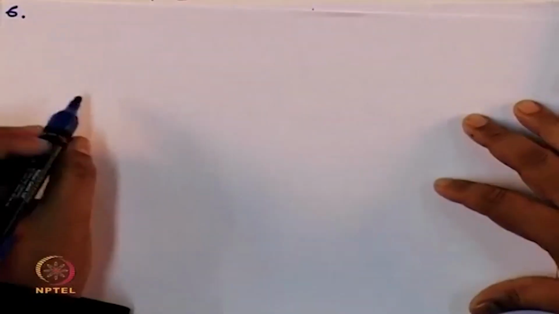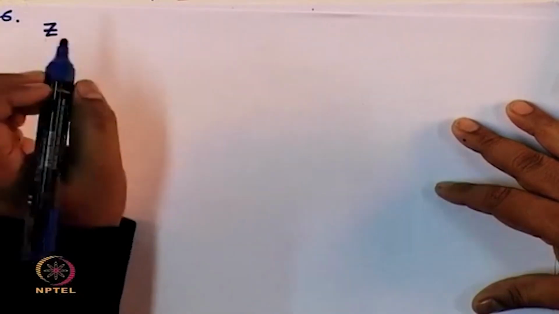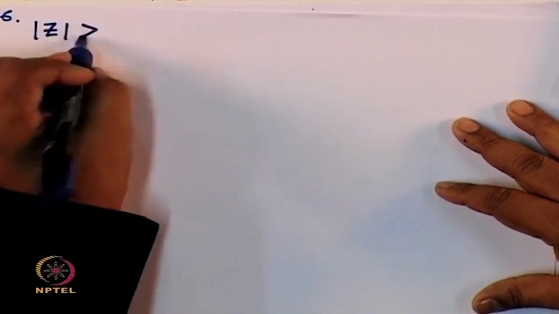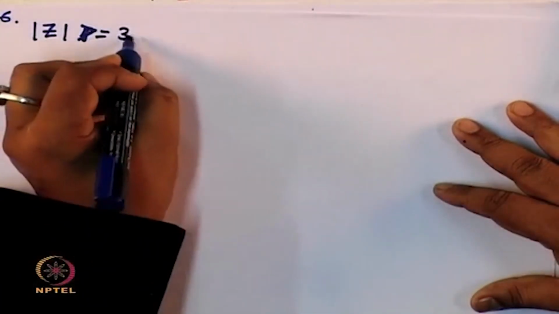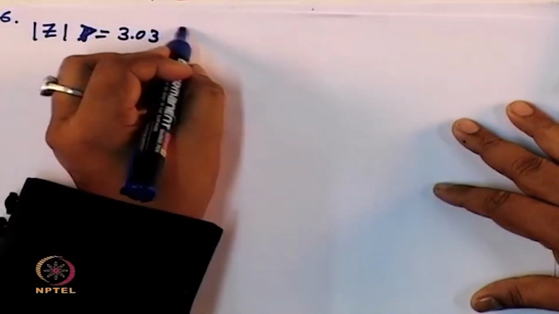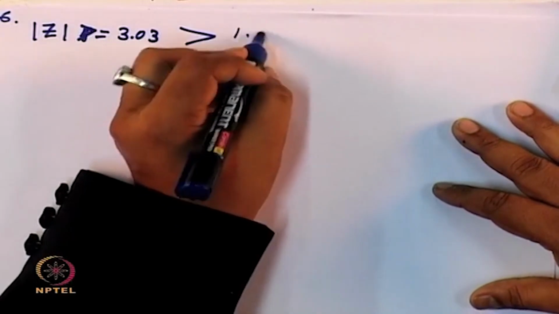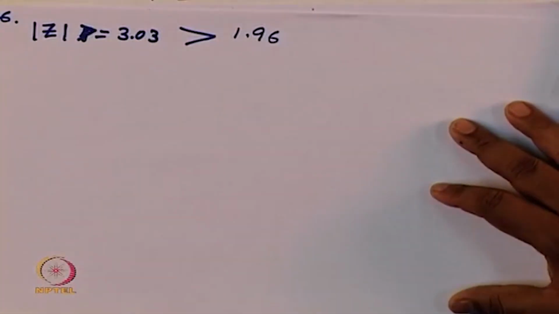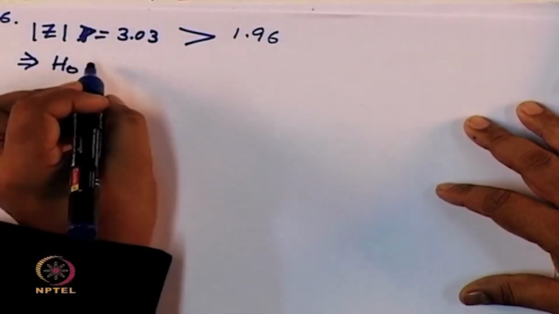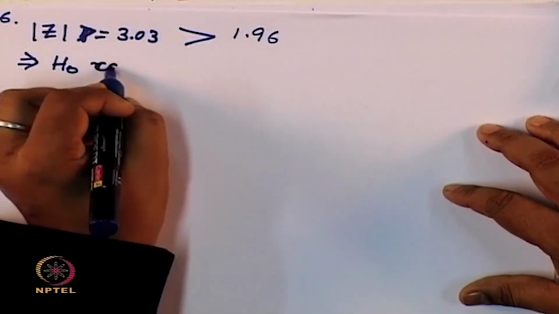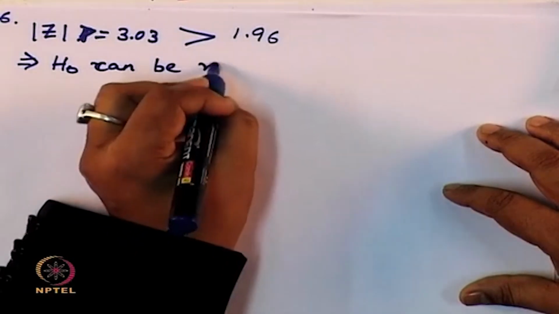So, I can safely conclude that mod of z, in our case 3.03, is much greater than 1.96. This would mean that H naught can be rejected.